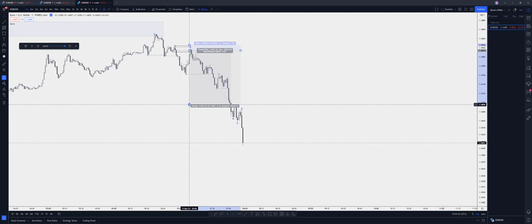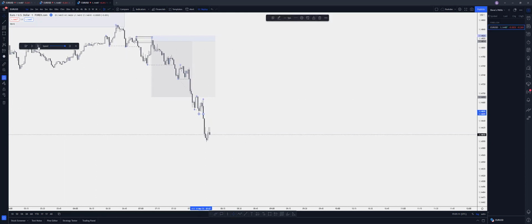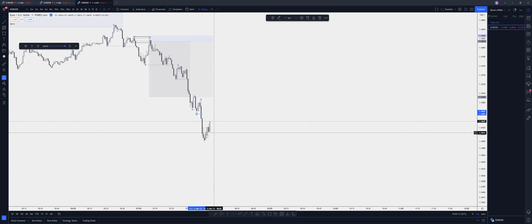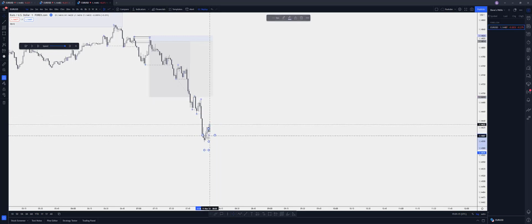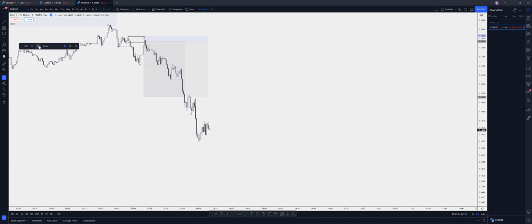So we can lock in the tiniest little bit more and see what happens. And then we've cemented this low here. Great.